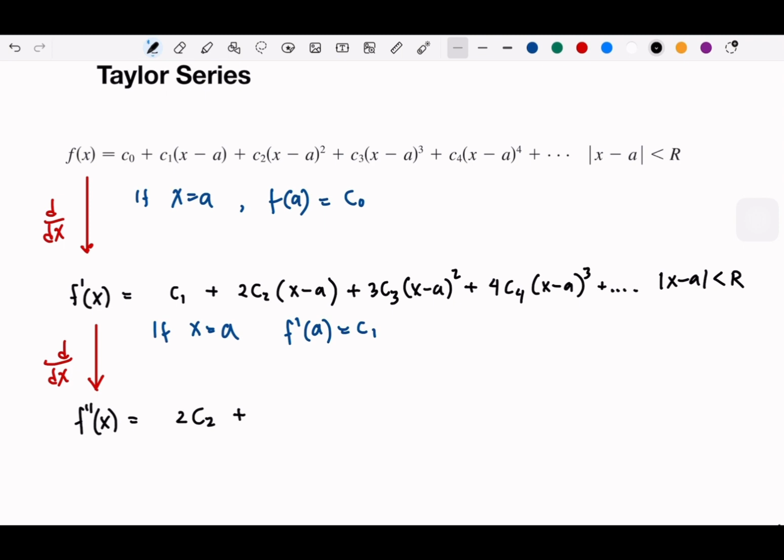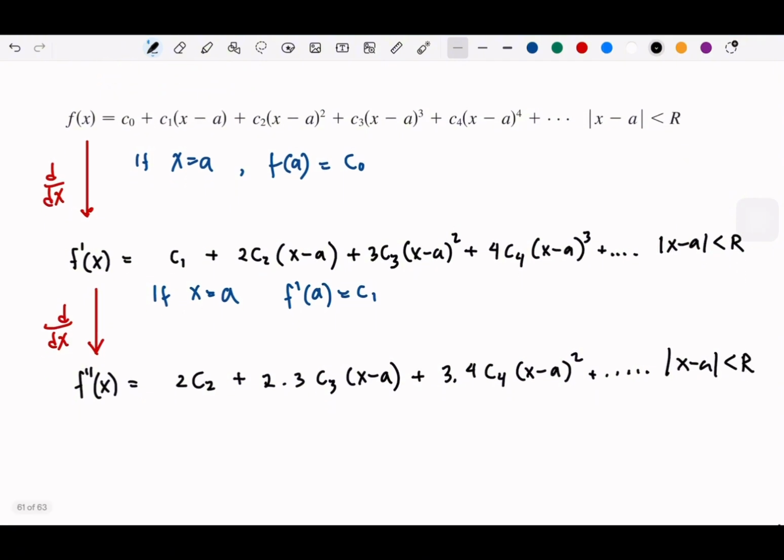So I would just write 2 multiplied by 3 C3. Okay? And then we have plus 3 multiplied by 4 C4. Okay? And plus, the same radius of convergence. And the same idea, if we take x equal a, then the whole terms will be 0.